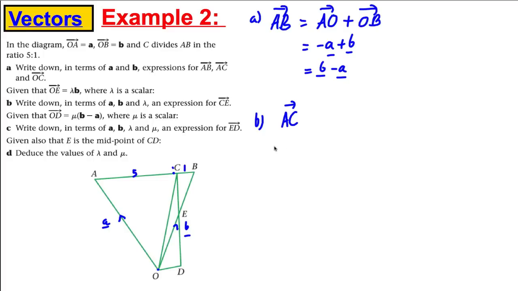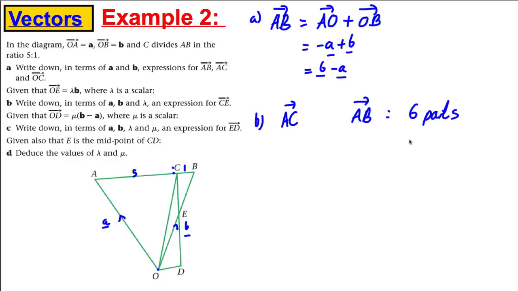Next one. How would you get from A to C? Let's think. A to B, the whole thing, is equivalent to 6 parts. Agreed?